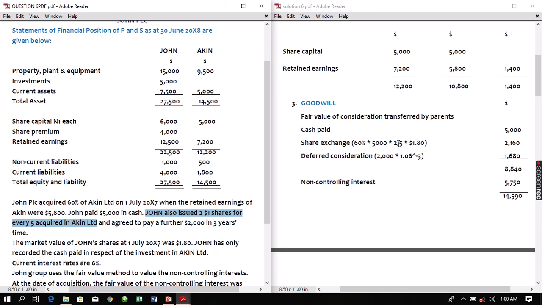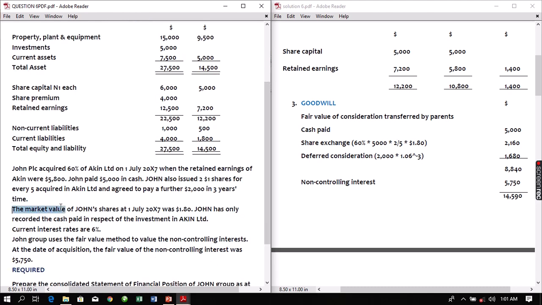So that is the exchange ratio. Our exchange ratio in this case is 2/5, because John gives 2 shares for every 5 acquired from Akin. And don't forget, I told you whenever we are dealing with share exchange, we multiply by the market value of the shares of the parent company. We are given in this question that the market value of John's shares is 1.8.